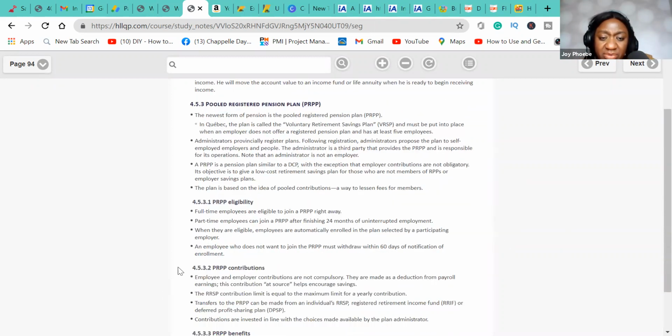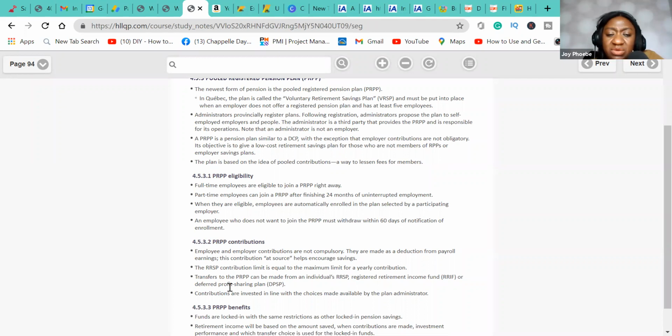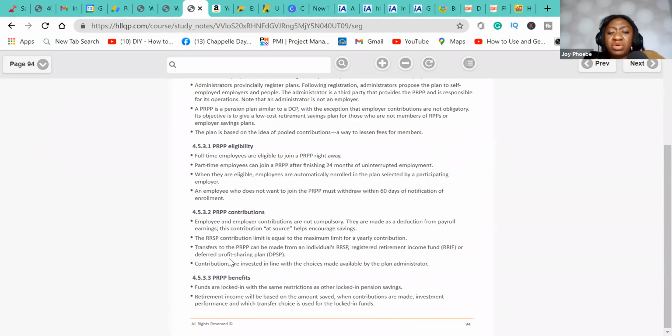The eligibility for the pooled registered pension plan: well, full-time employees are eligible to join. Part-time employees are also eligible to join, perhaps after finishing their 24 months of non-interrupted employment. Okay. Pooled registered pension plan contributions. Well, employee and employer make contributions to the plan, and they are made as deductions from payroll earnings.